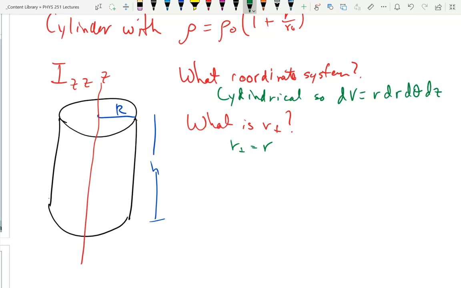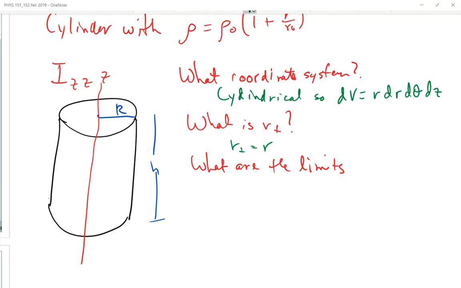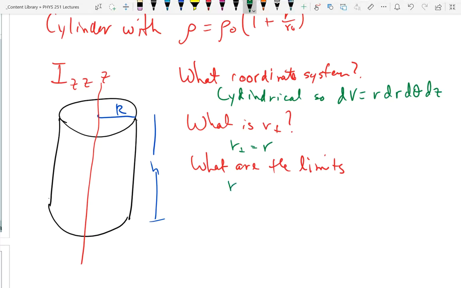Then we finally have the limits. That's the third question. For our cylindrical coordinates, this is an easier question than it was even for our rectangular, our Cartesian coordinates. Because what does r go from?